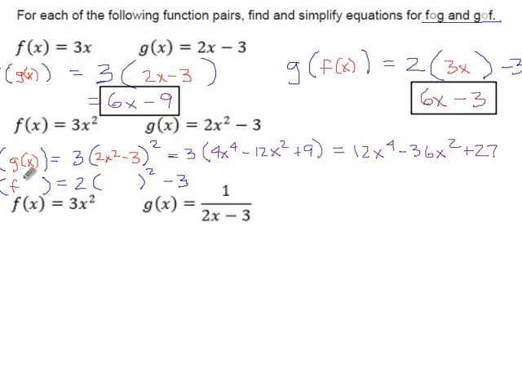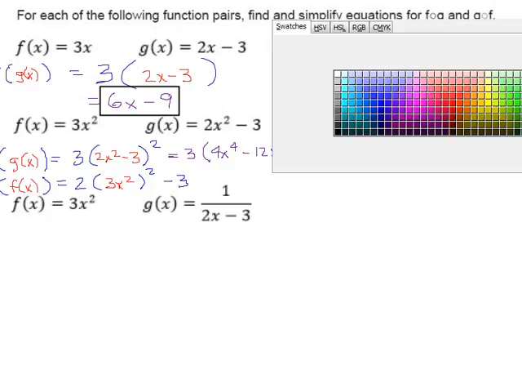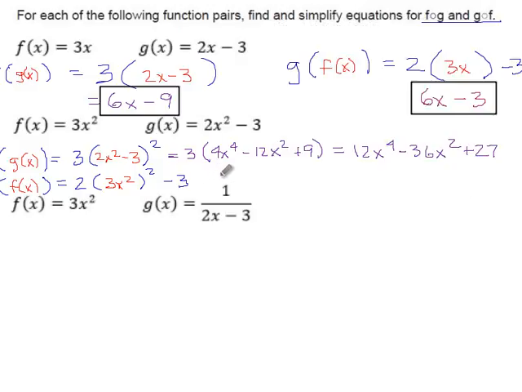Function f, which is 3x to the 2nd power. Now we can calculate that. It's 2 times 9x to the 4th minus 3, which is 18x to the 4th minus 3. Fair enough?